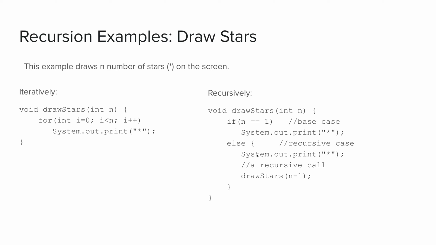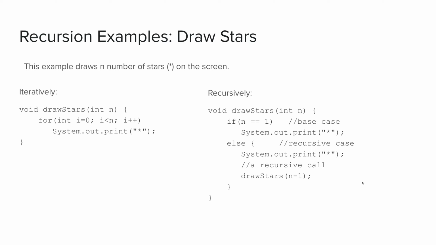N is 3 means that we haven't hit the base case. So print one star, and then drawing 3 stars means drawing one star and then calling the same function with drawing 2 stars. Drawing 2 stars means draw one star and then call the same function with one star. One star is the base case, which means stop, print one, but no more recursive calls.